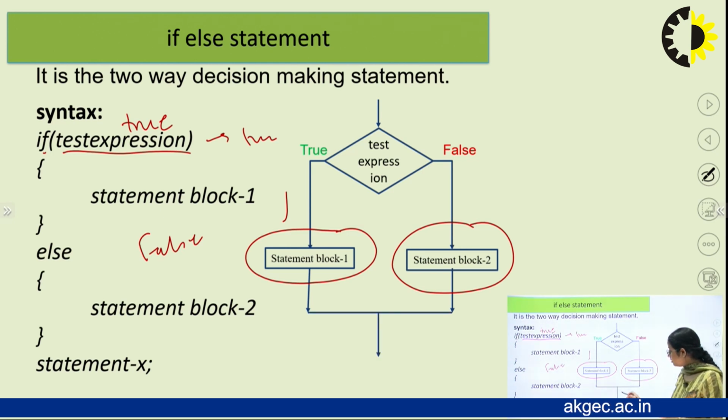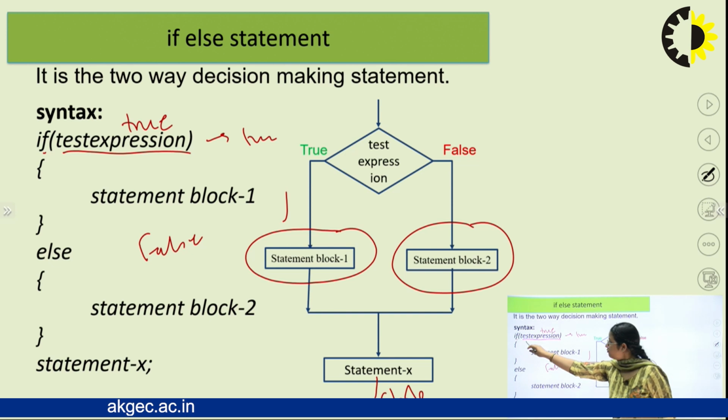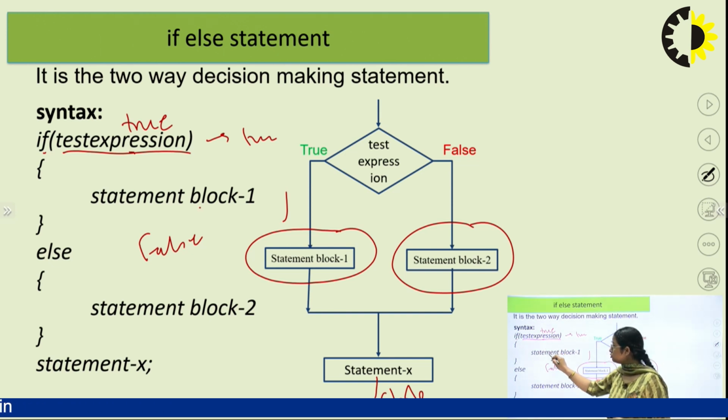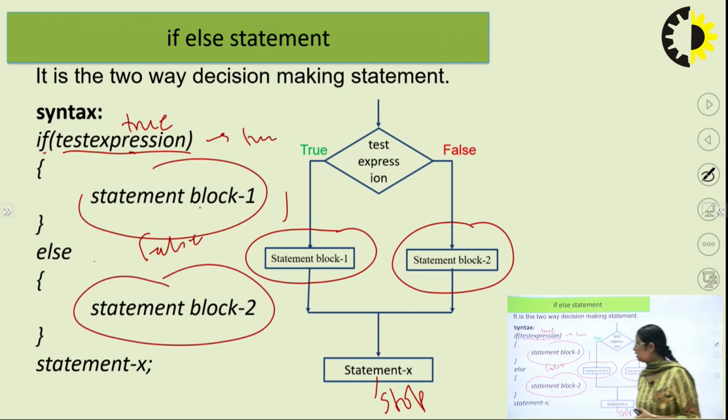And at last, after either statement, we reach the end, which is the stopping condition. So you can check if and else. If the test condition is true, the if block will execute. If the condition is false, the else block will be executed.